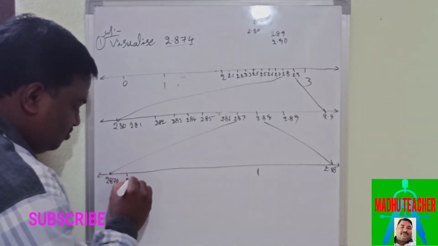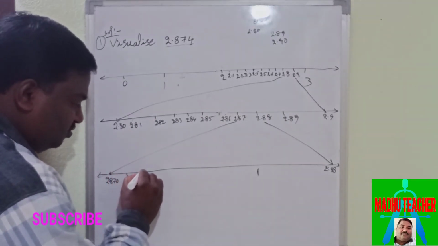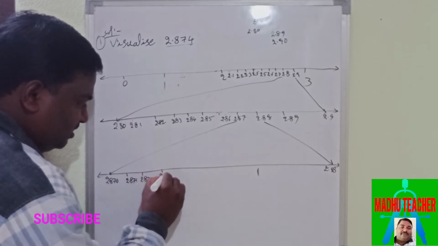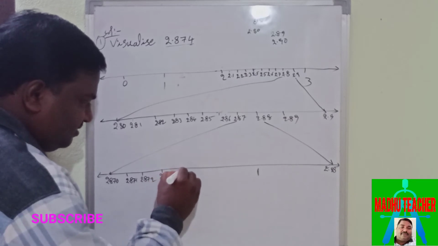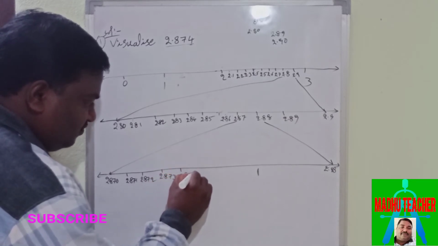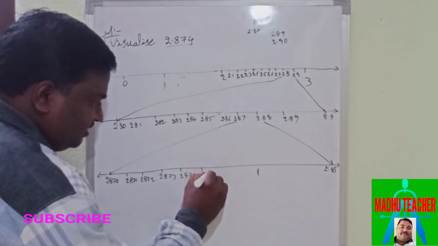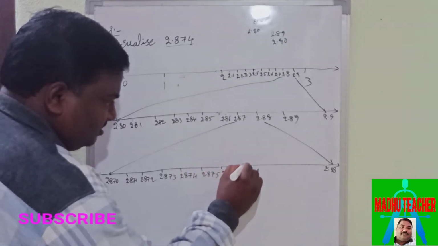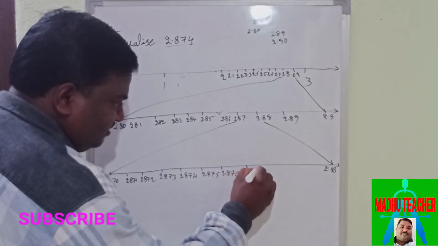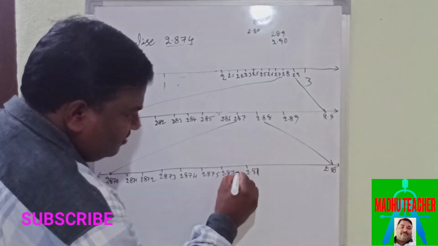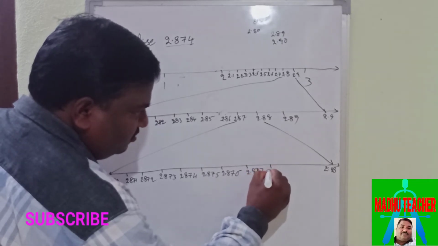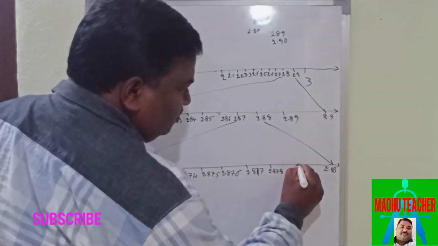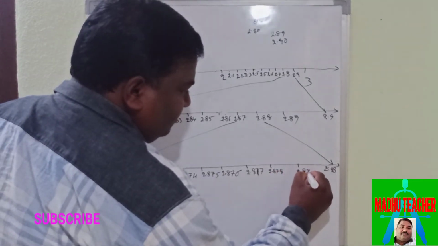After this you will get 2.871, 2.872, 2.873, 2.874, 2.875, 2.876, 2.877, 2.878, 2.879.